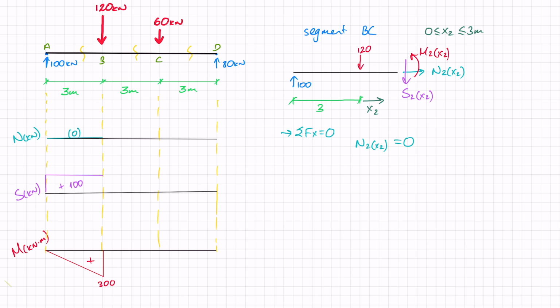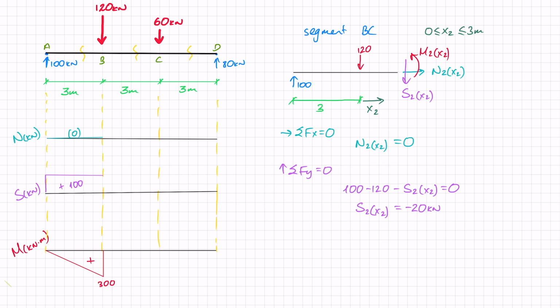If I move on to my sum of forces in the Y direction, I've got 100 going up, then I've got 120 going down, and then I've also got S2 going down. And so if I isolate S2, I can see that I get minus 20.